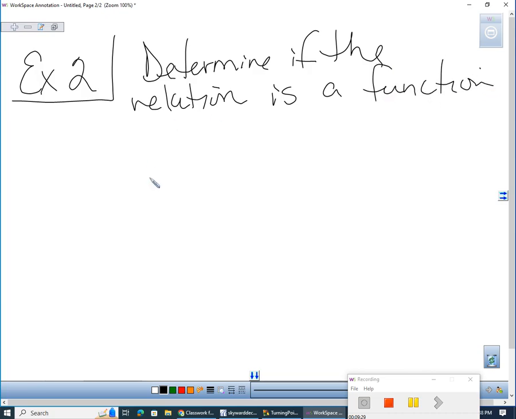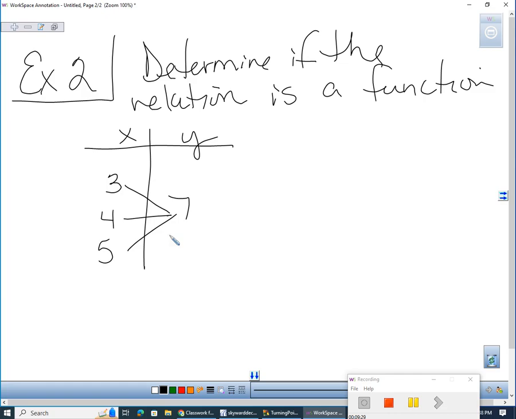So let's say I have this beautiful mapping diagram, and maybe I've got 3, 4, 5, and 7 on this side. Is this a function? Do any of my x's repeat? No. So this would be yes. Okay? So you only have one line coming from each x.